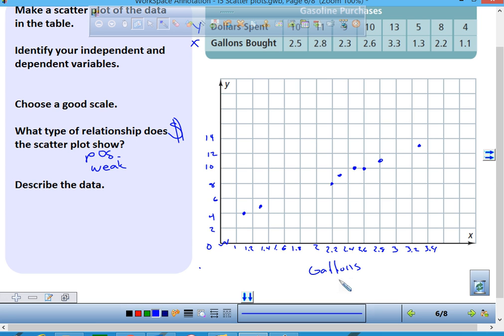Okay, so as the gallons increase, or as you buy more gallons, the money increases. Okay, and that's how you would describe the data. As the gallons increase, the money increases. Questions on making a scatter plot? You will have to make scatter plots for homework over the weekend.